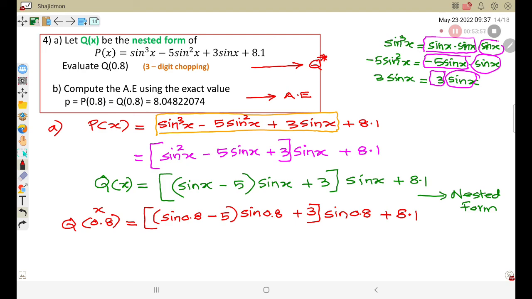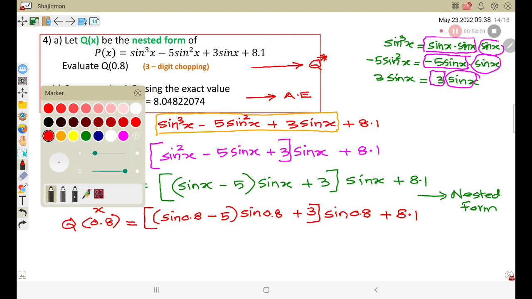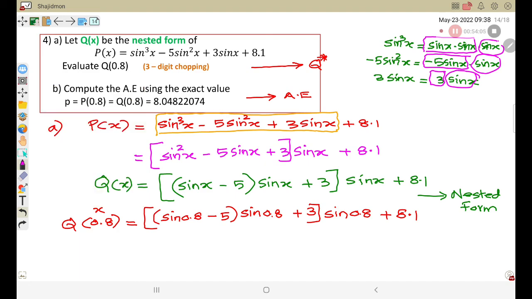When we are doing the calculation, the calculator should be in radian mode. Make sure of that. First calculate sin 0.8 separately. What is sin 0.8 using 3 digit chopping? You will get 0.717 using 3 digits chopping.